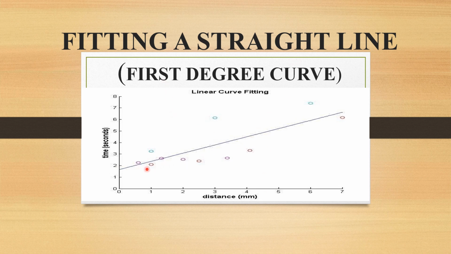So as I told you, suppose you have distance along the x-axis and time along the y-axis. Suppose you want to plot these points: when the time is 2 seconds, the distance is 1 mm. Similarly, when time t is equal to 3, distance is equal to something. You plot all these points. After plotting all these points, we try to draw a straight line which passes through almost all the points.